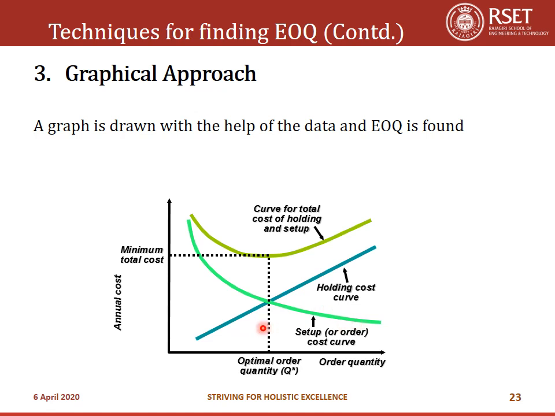And so you have an optimum between the holding cost and the setup cost. This is the total cost. The yellow curve is the total cost, and you will get the minimum value of total cost from this curve. So it's an optimum between the holding cost and the order cost. This is a graphical approach that we've already discussed in module 2.